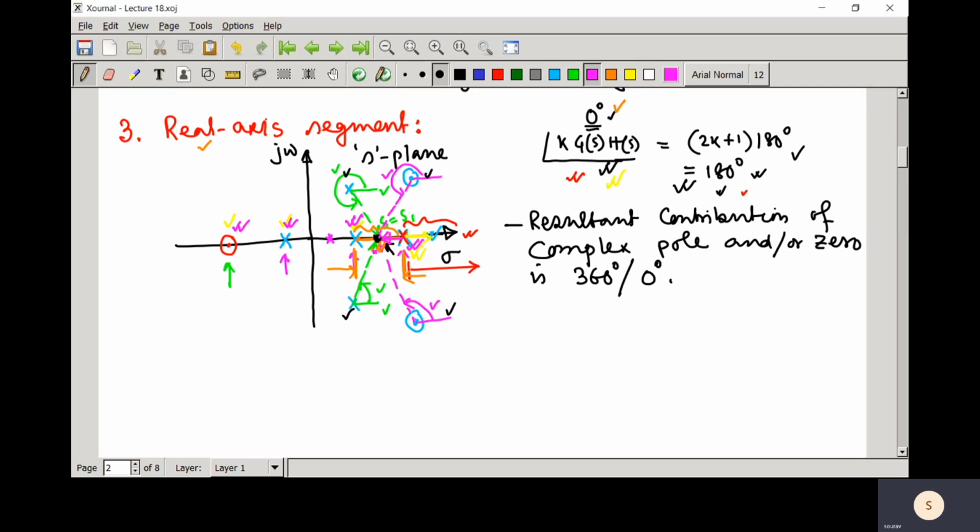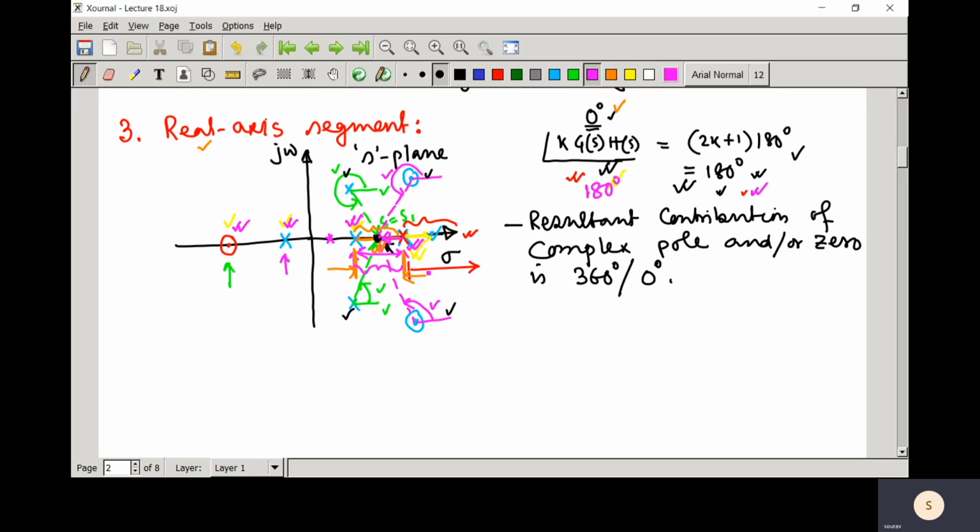So if you take any point inside this particular branch, that means any point on this particular real segment here, then you can see that it is satisfying this particular angle condition.